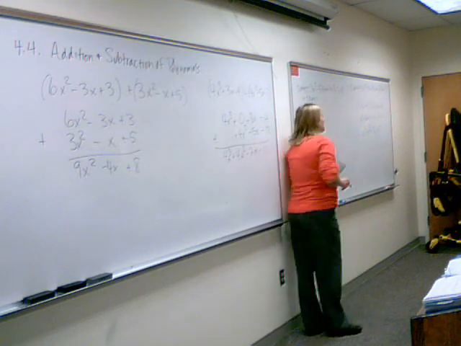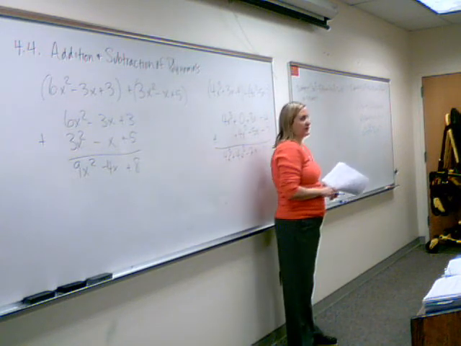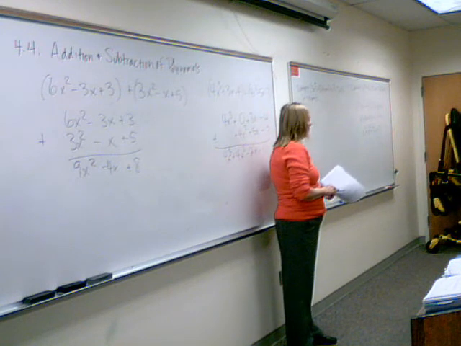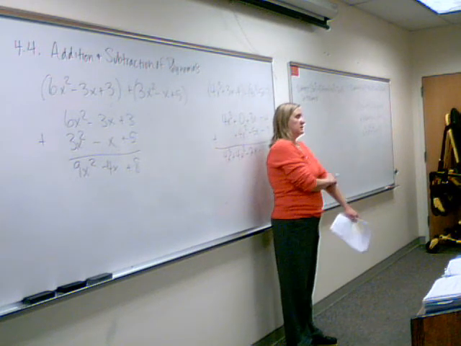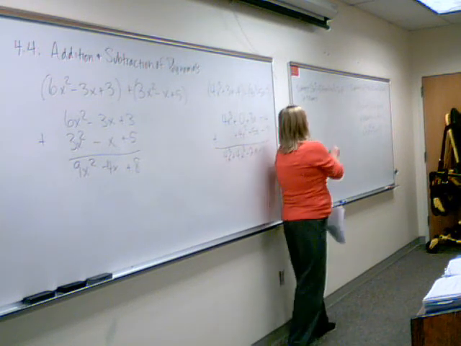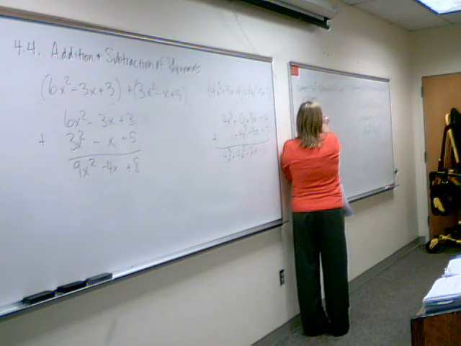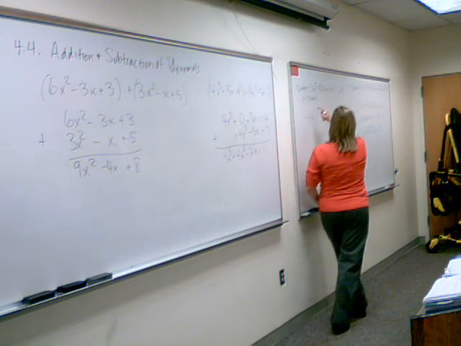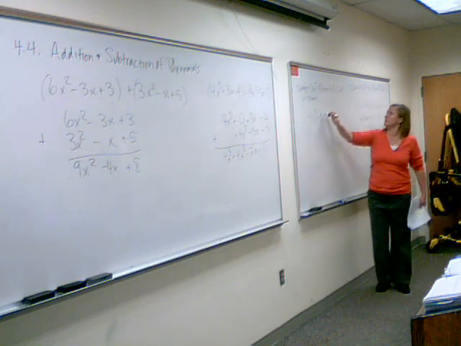Okay, subtract this binomial, 3x squared minus 8, from this trinomial in columns. So what do I write on the top? X cubed plus. I don't have a squared, so I'm going to leave a 0 there as a placeholder.